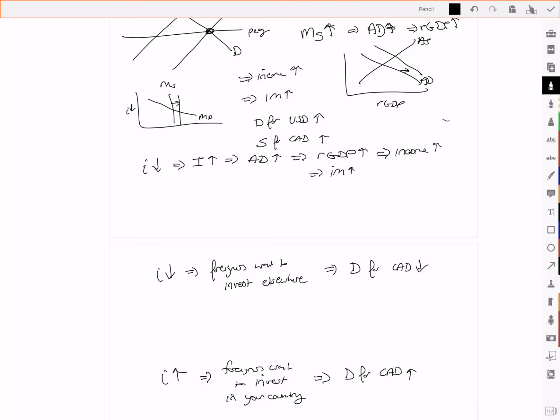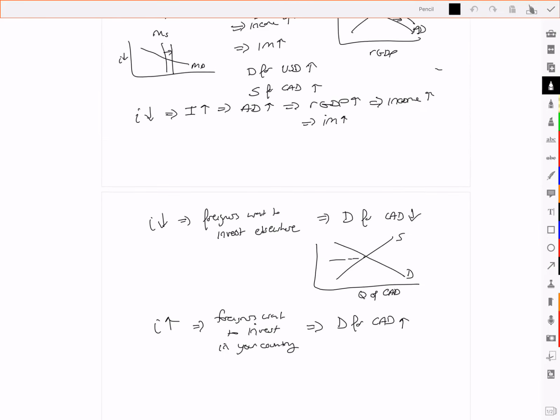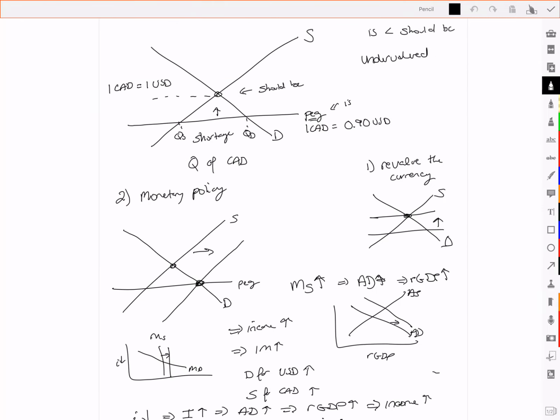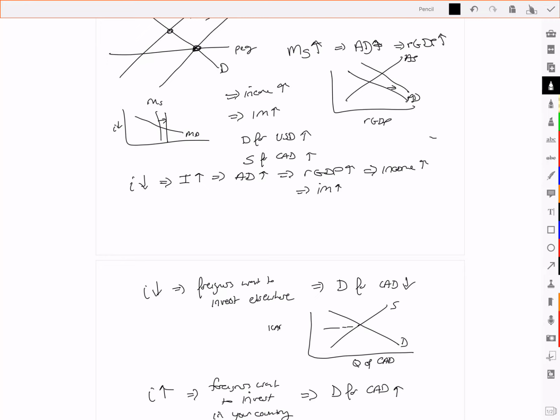It goes down. So when interest rates go down, that's going to help if we have, here's demand, here's supply of Canadian dollars. All right, here's the market value of the Canadian dollar. So we had in our previous example that the market had that 1 Canadian dollar equals 1 US, and we had it pegged at 1 Canadian dollar equals 90 cents US.